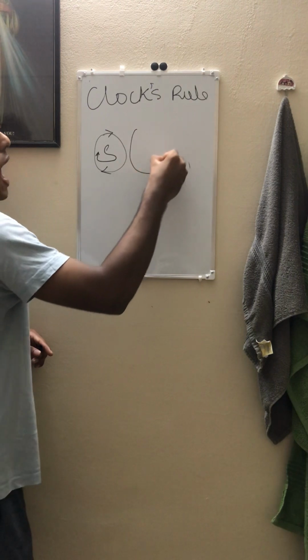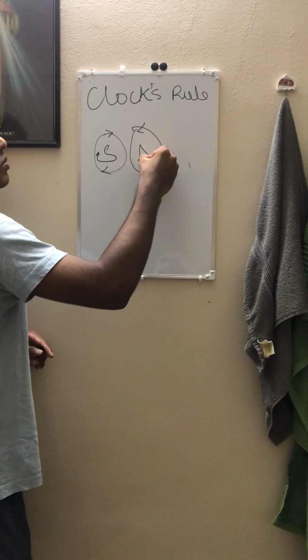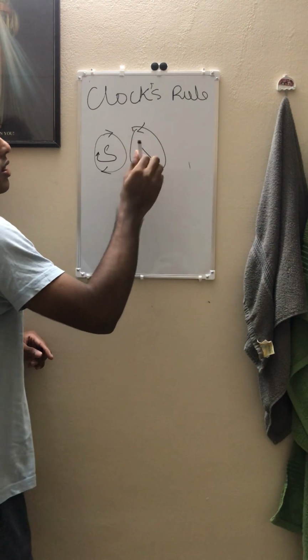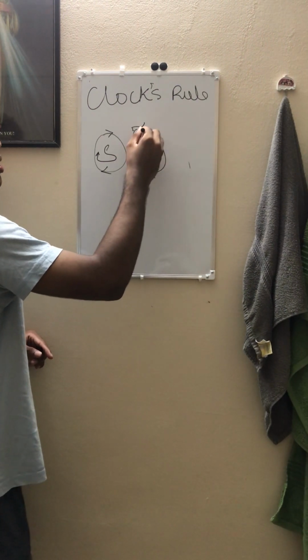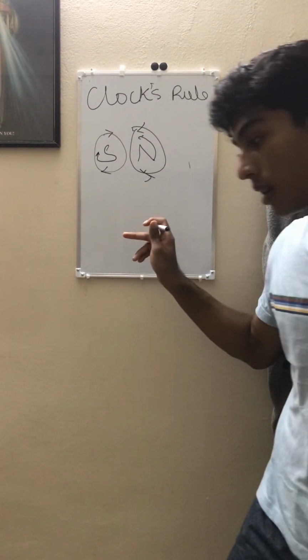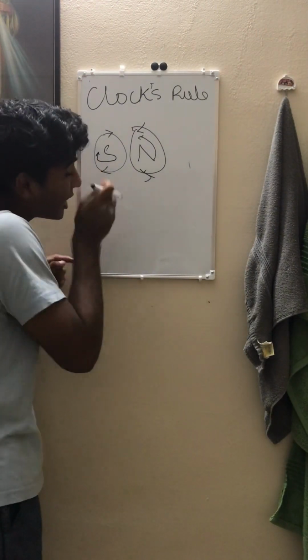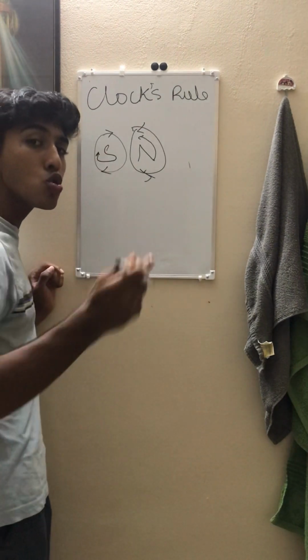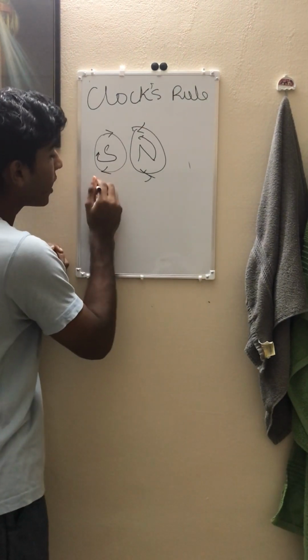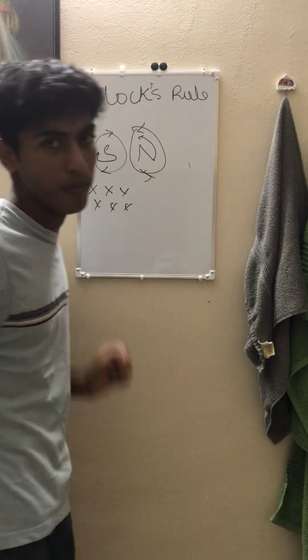And if it goes anti-clockwise, then it is north. Anti-clockwise is north and clockwise is south. And clockwise current means that at the south pole, the magnetic field goes into the south pole. The magnetic field enters the south pole.